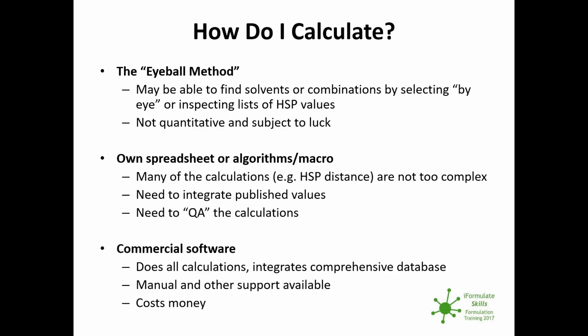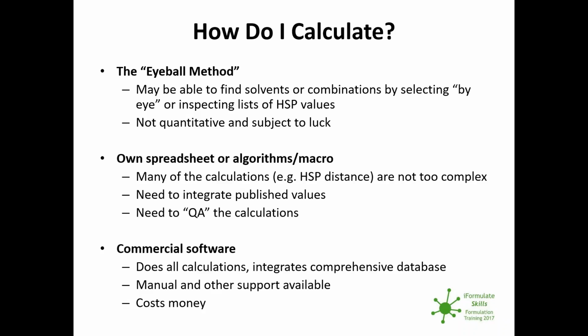Now this isn't quantitative and is subject to a certain amount of luck, but it can yield some useful results in the first instance. And in particular, combining solvents is very interesting because very often HSP allows you to combine two non-solvents to produce one good solvent from the mixture of the two, and that wouldn't be intuitively expected.